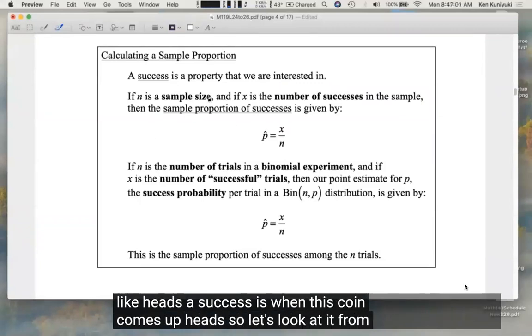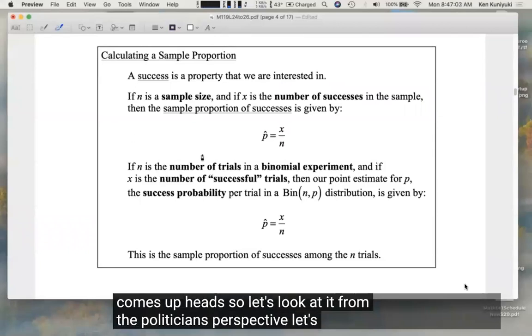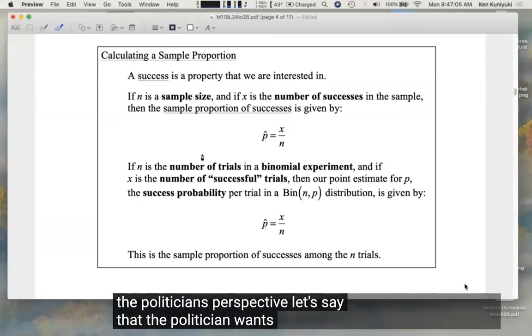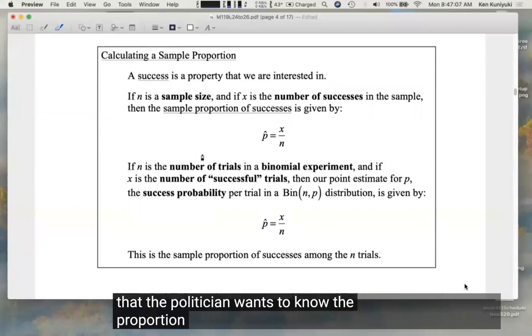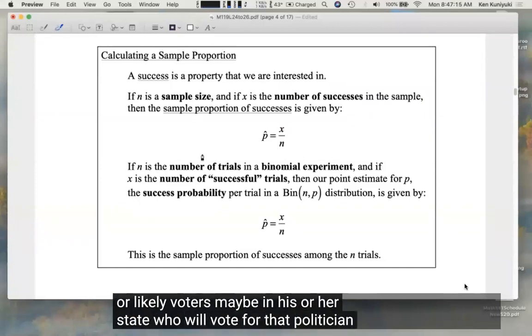So let's look at it from the politician's perspective. Let's say that the politician wants to know the proportion of voters, registered voters, or likely voters maybe, in his or her state, who will vote for that politician.